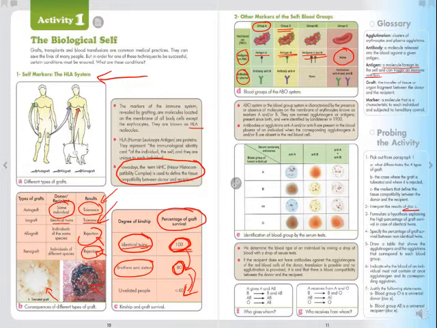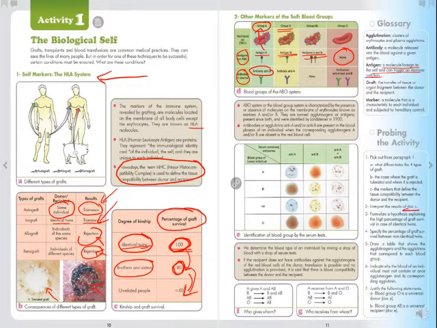Moving to the antibody. Antibody is something that can attack the antigen. So antigen A means that we have blood group A. So the antibody should be different from antigen A. So we should have antibody B. As a conclusion, the blood group has the same antigen but a different antibody.